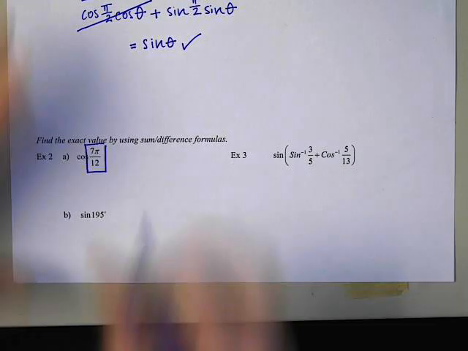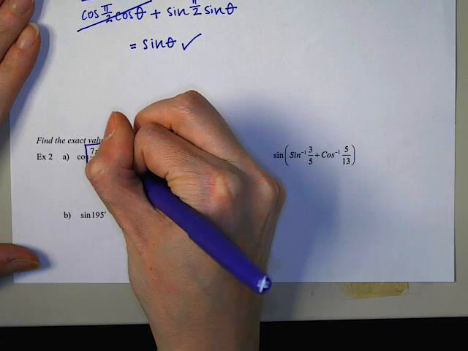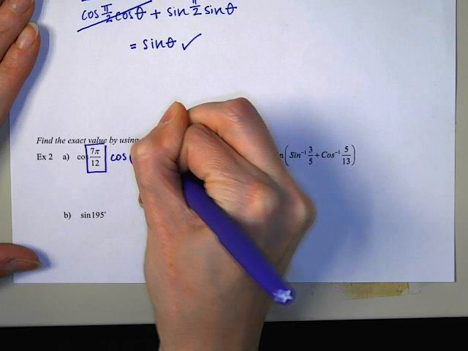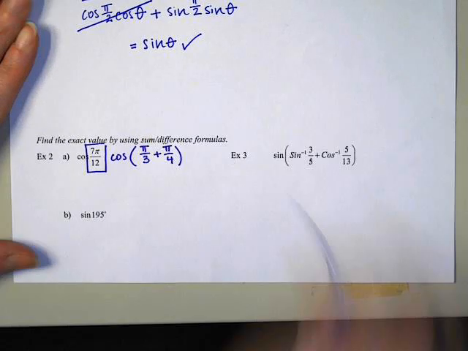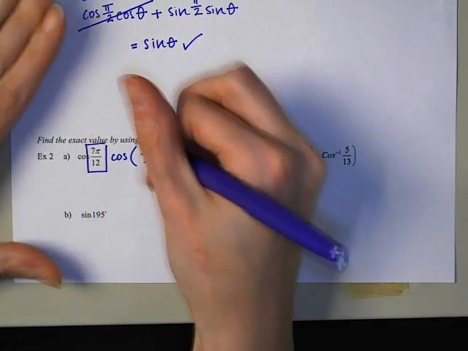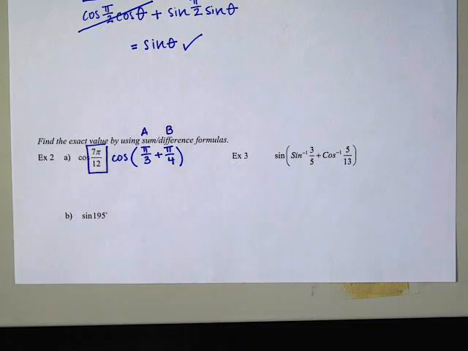And hopefully you guys say, well, actually, I can get 7 pi over 12 by adding pi over 3 plus pi over 4. Because if you think about a common denominator, that would actually add to 7 pi over 12. And then, if we call this one A and this one B, we could just use our cosine A plus B formula.